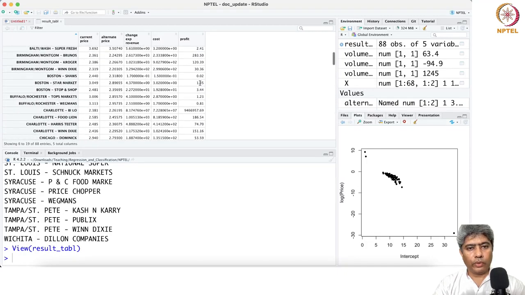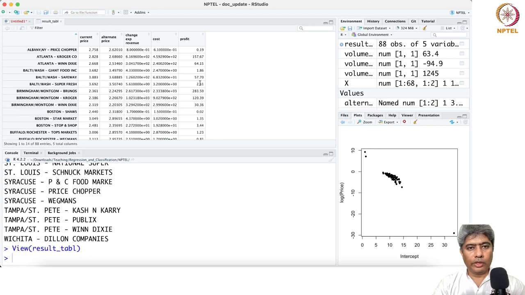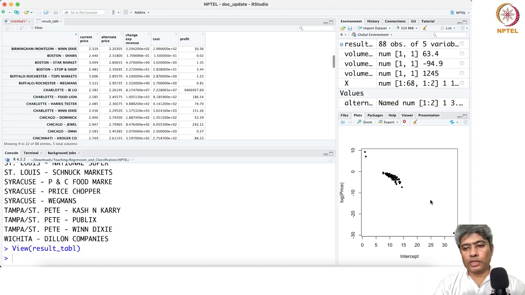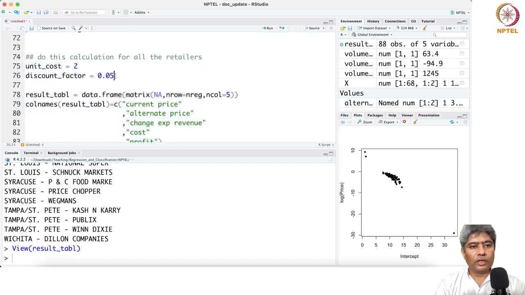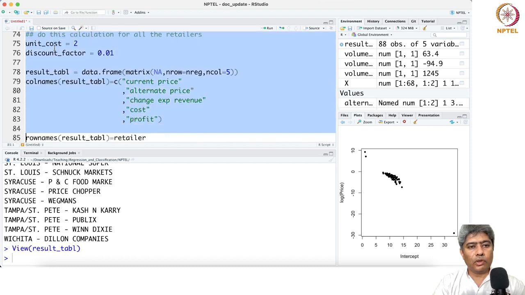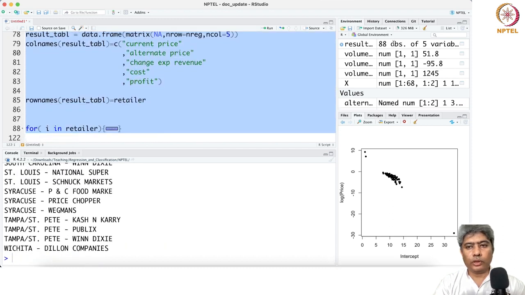Why it is, I don't know. Maybe there could be some issue with the coefficient. Remember that. Maybe this is one of the outlier coefficients that is getting reflected. But if now, instead of 0.05, I just give a 1% discount, well, let's see what happens.